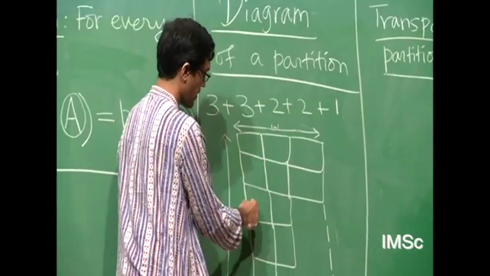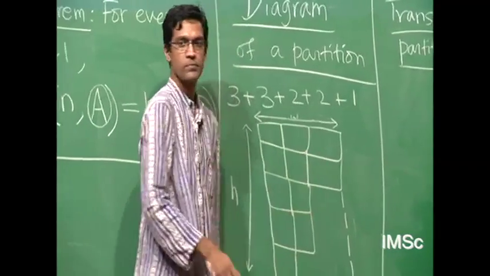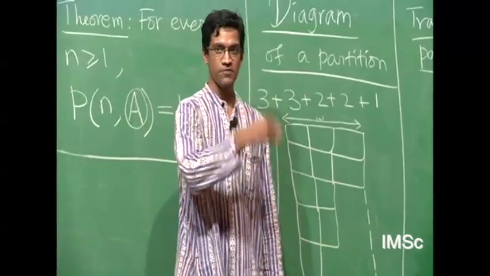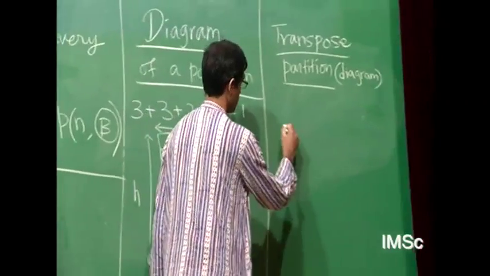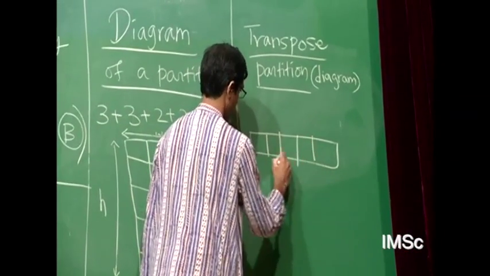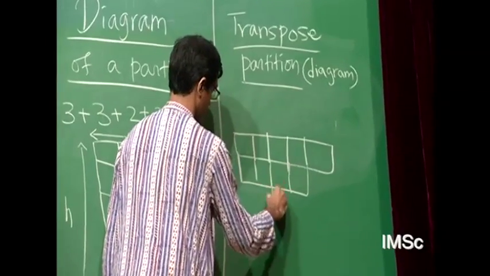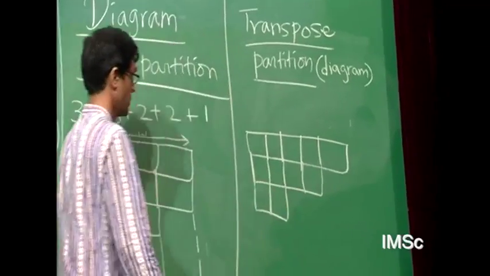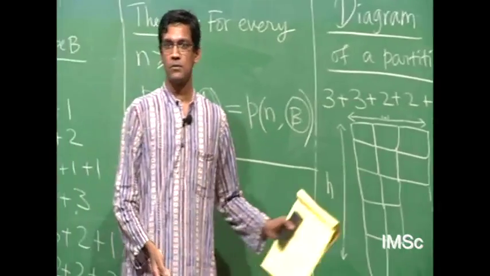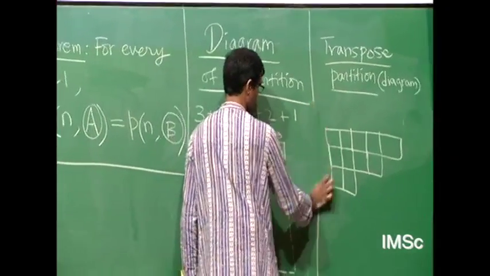So first column is 5, second column is 4, third column is 2. So now think of a new partition which is 5, 4, 2. Okay, so I'll draw the box. 1, 2, 3, 4, 5. Right? So how did I get that from here? I just transposed the diagram. So this is the transpose.